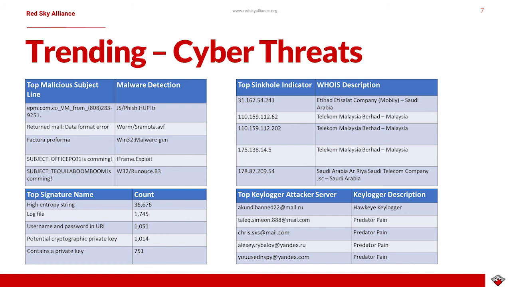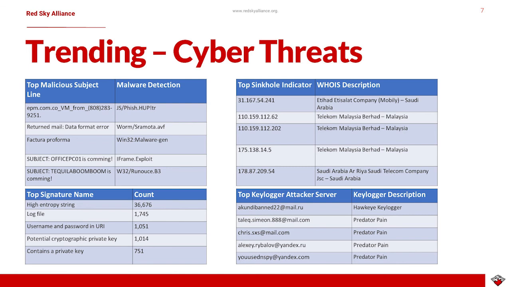Great. Yeah, sure. So going to our top trending cyber threats this week, looking at our malicious email subject lines, it looks like we got some voicemail phishing going on with the top subject line. And the bottom two happen to have a noticeably similar format with the subject in all caps, and then "is coming."